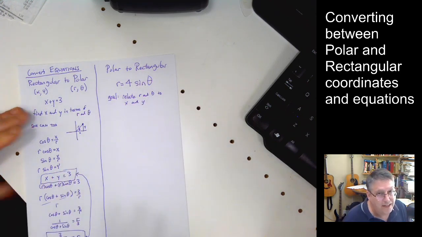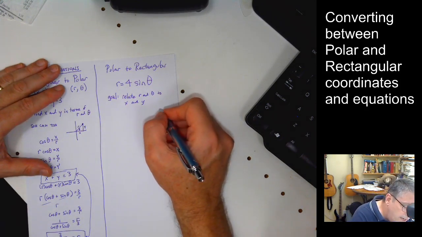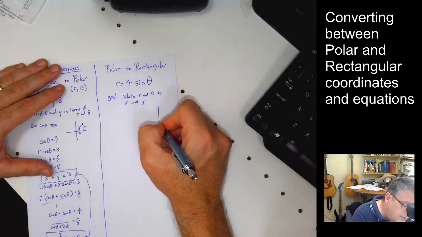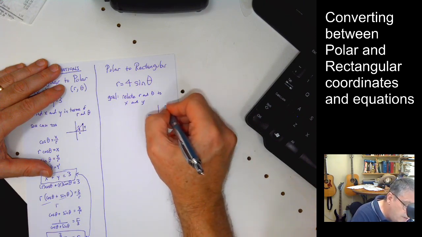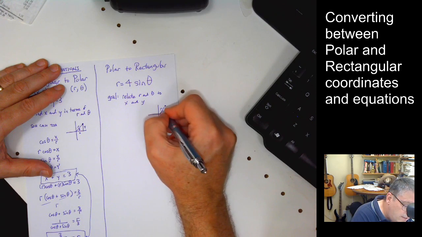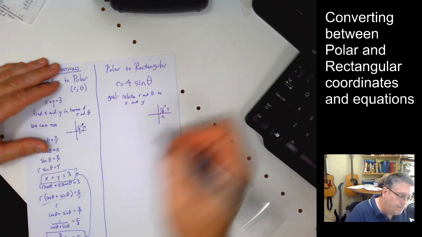So we need to find out what x is in terms of r and theta, and what y is in terms of r and theta. So let's start by thinking about this again, with an r and a theta and a y and an x.